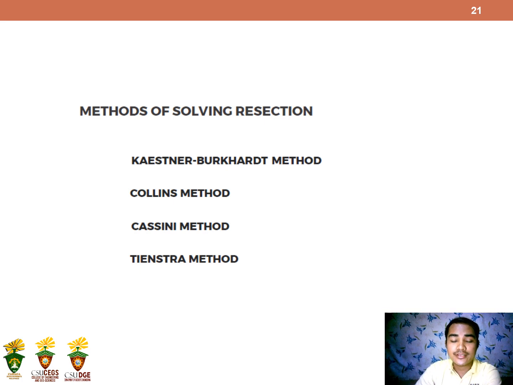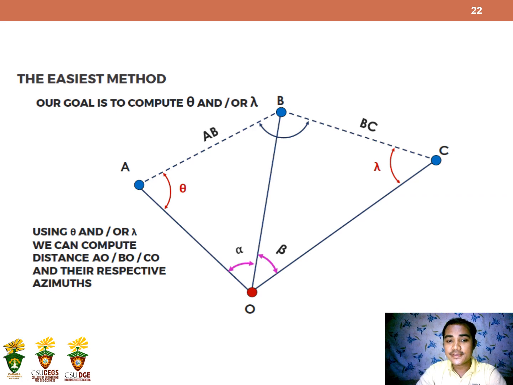These are the methods of how to solve a resection. First is we have Kästner-Borchardt method, Collins method, Cassini method, and Jenstra method. But since those methods are being complicated in solving a resection, so here is the popular one.